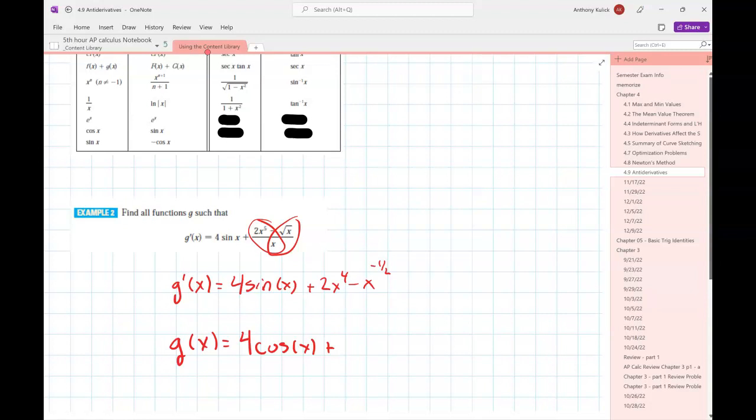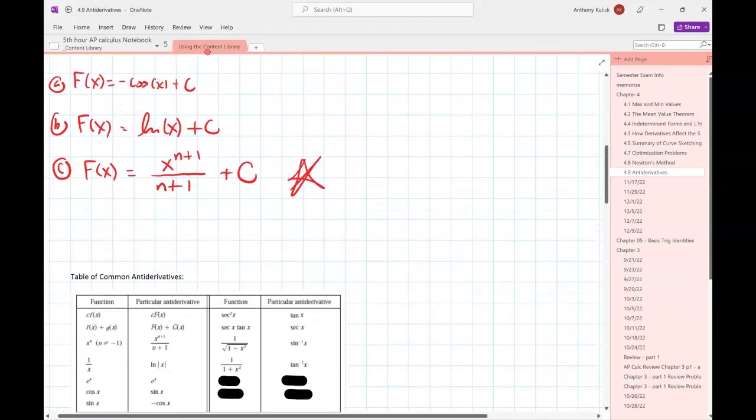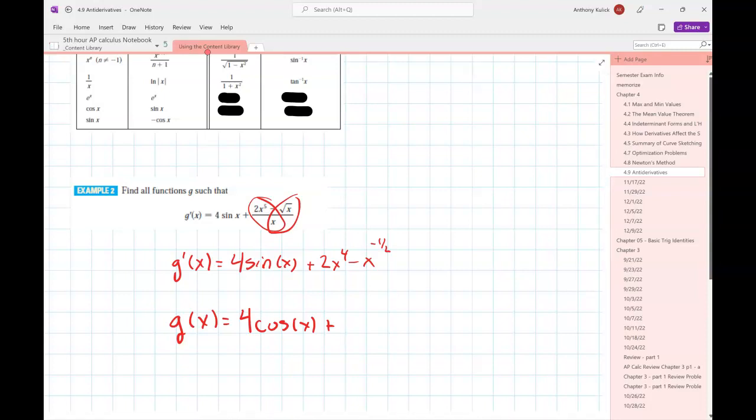For 2x to the fourth, I'm going to use the antiderivative rule we came up with in the previous example. What's up? The derivative of cosine. Oh, thank you. So don't forget our negative. Very good. Thank you for paying such close attention.